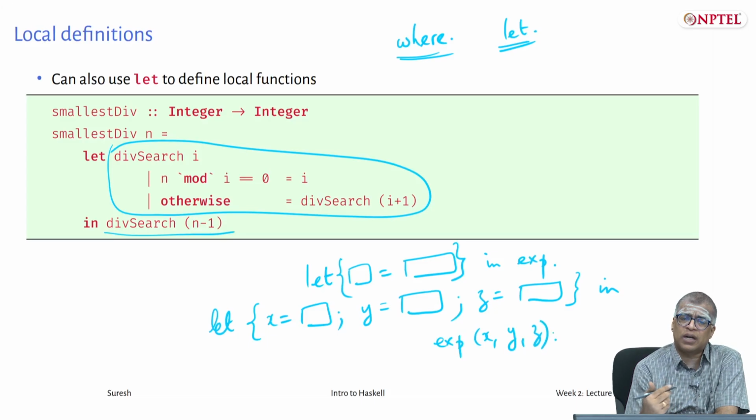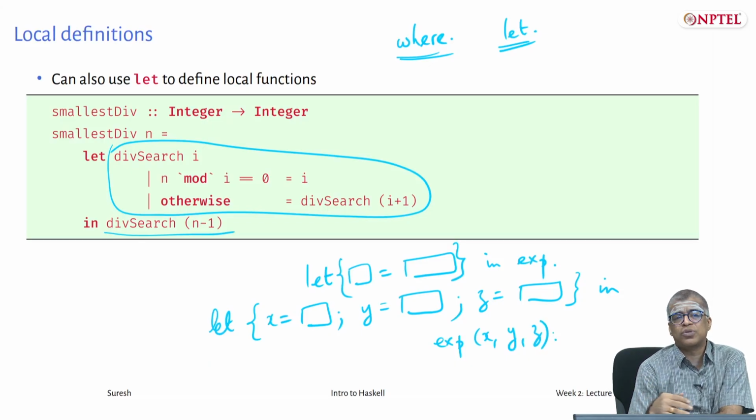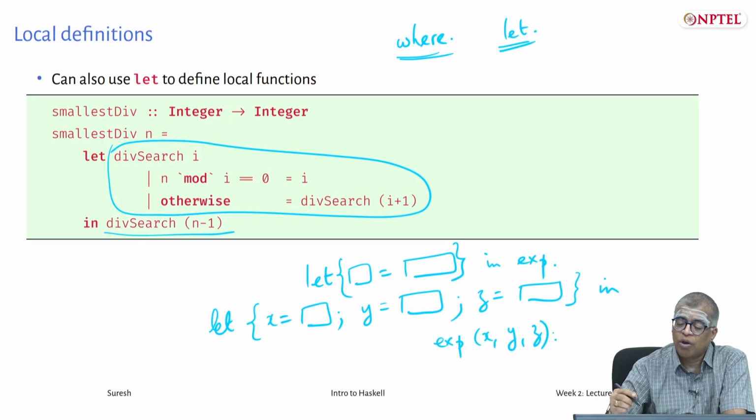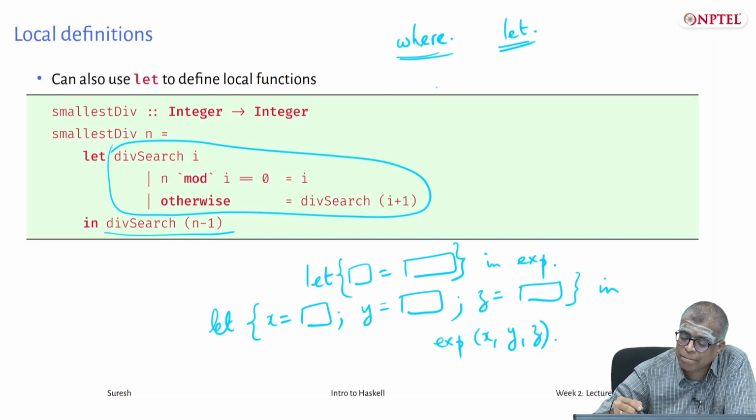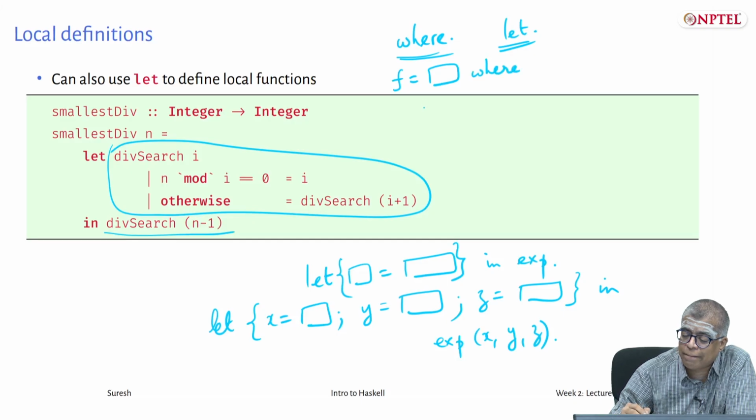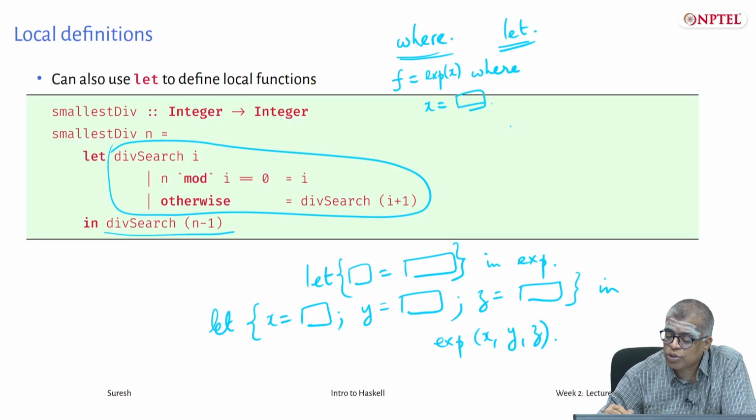There is a subtle difference between let and where. It's not just syntactically that you can use let and where interchangeably. Where is part of a definition. So when you define something using where, you say f equals something where x equals something. You could also say f equals let x equals something in x of x.